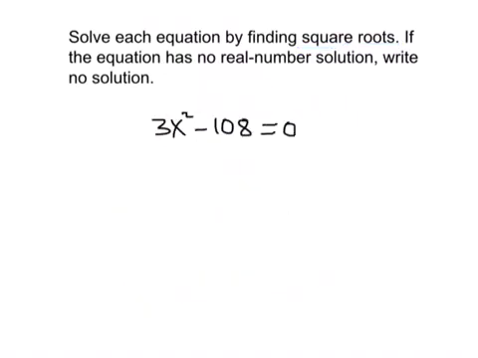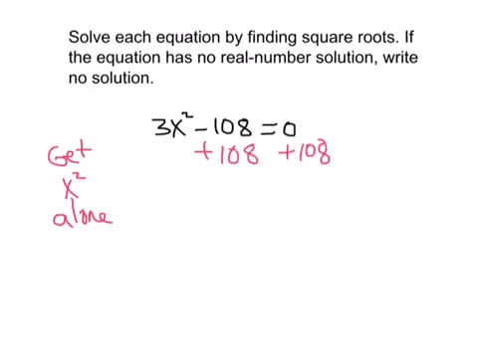In this problem, we're solving for x. So we want to first get the x squared alone. So getting the x squared alone, we want to first add 108 to both sides of the equation.